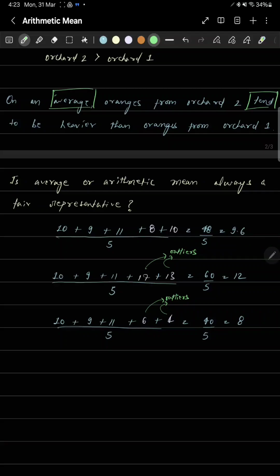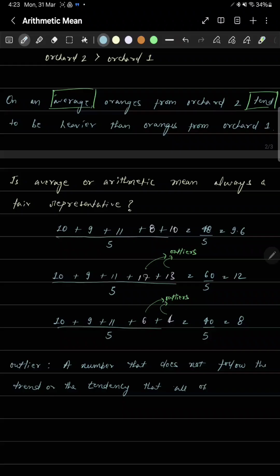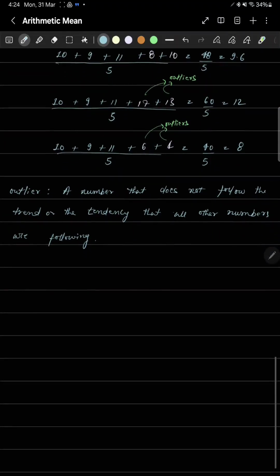An outlier is a number that does not follow the trend or the tendency that all other numbers are following.